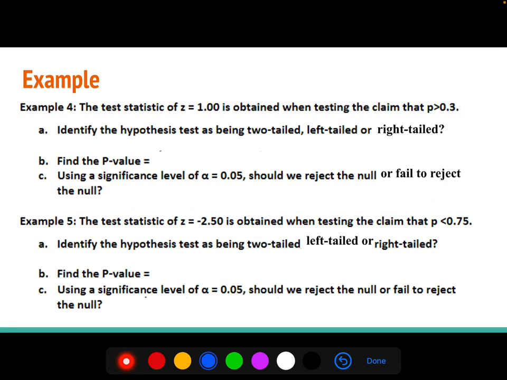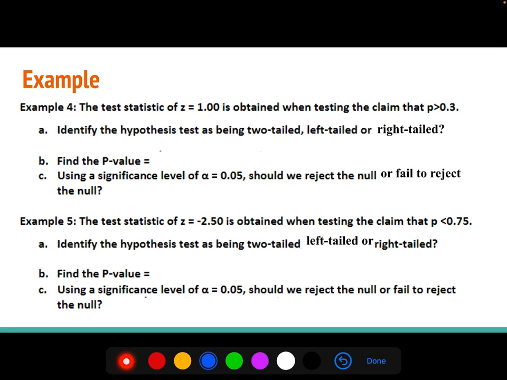Now, example 4, we have the test statistic Z is 1.00 is obtained when testing the claim that P is greater than 0.3. First, we're going to identify the hypothesis test. Is it two-tailed, left-tailed, or right-tailed? Then we're going to find the p-value, and then we're going to use the significance level to tell us if we should reject the null or fail to reject it, okay?